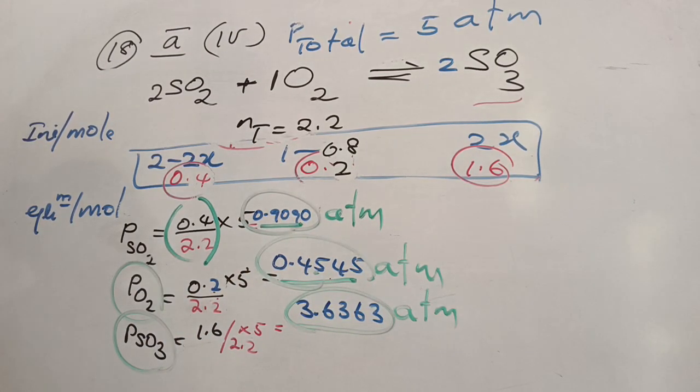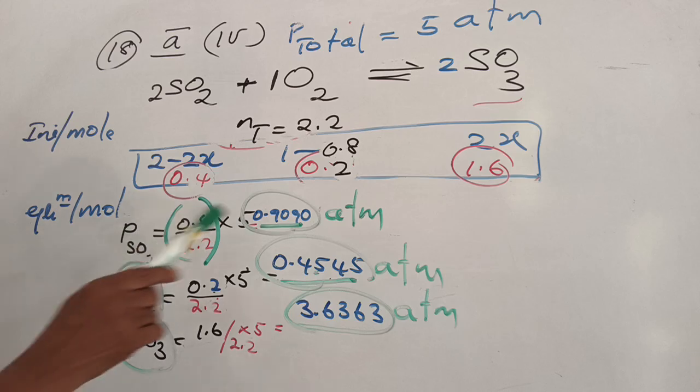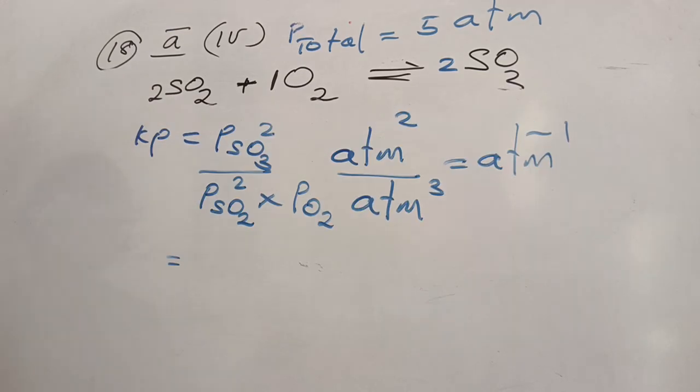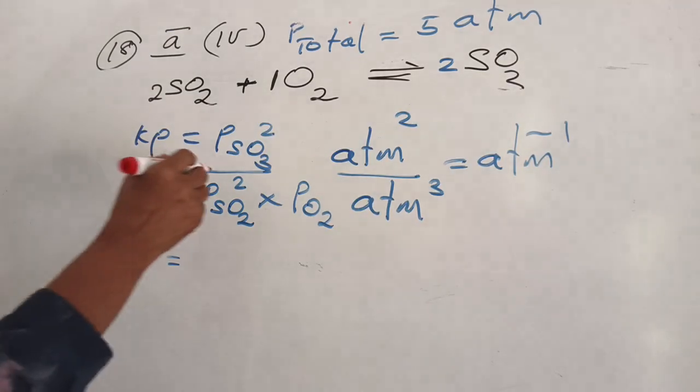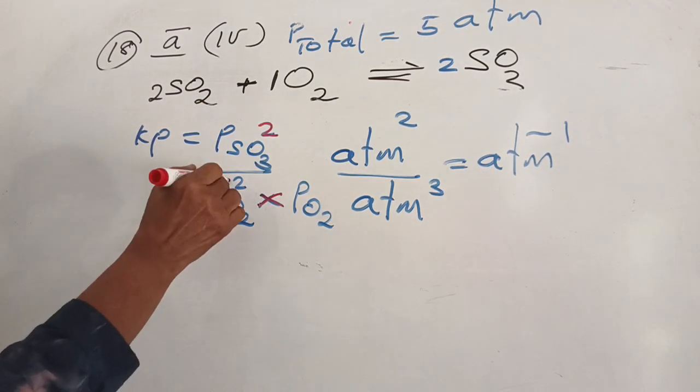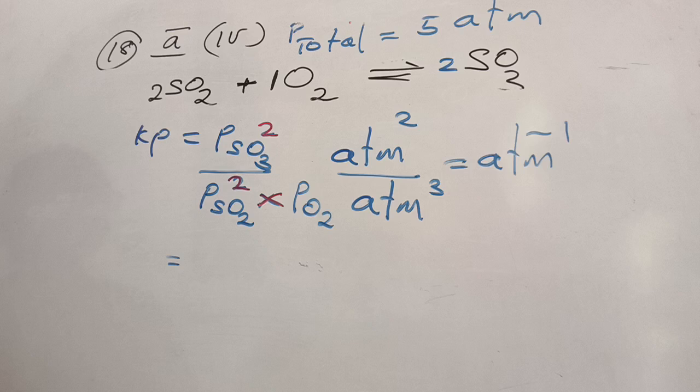Now we substitute these values into our Kp expression and we can get the final answer for Kp. This is our Kp expression: partial pressure of SO3 to the power 2, over SO2 to the power 2 and oxygen to the power 1.